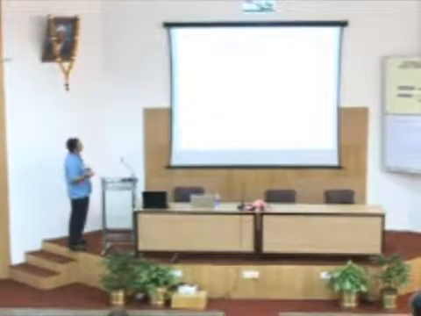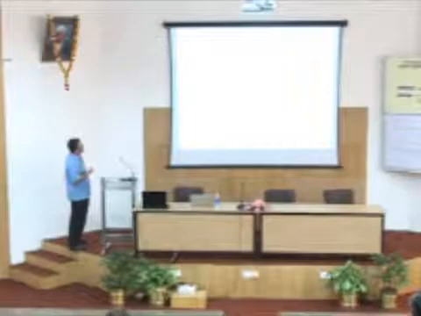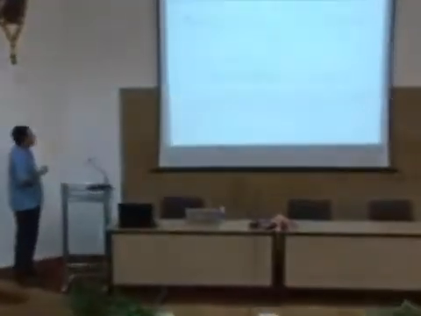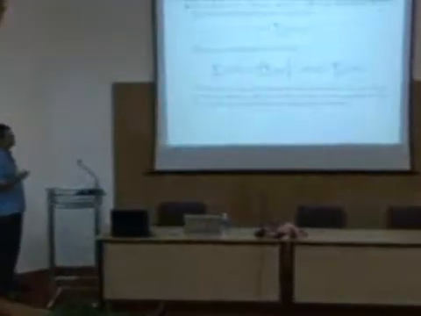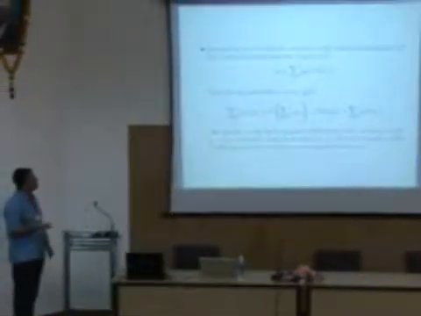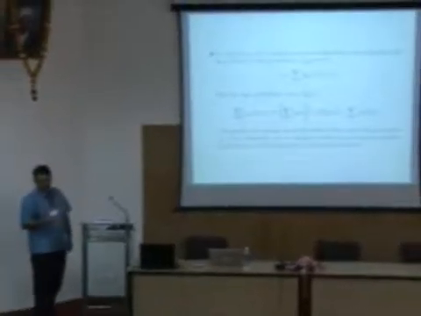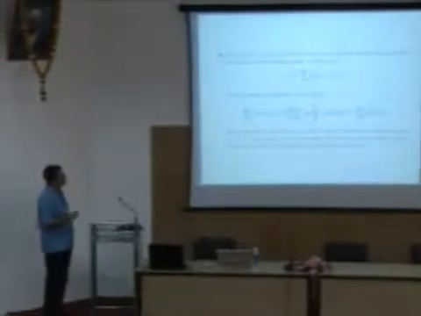Another property: let rho sub i be a set of density matrices with the same dimensions, and let their spectral decompositions be given by this. The spectral decomposition, as I mentioned before, means that, well, it is positive semi-definite, so it is a normal matrix, so it has a spectral decomposition.